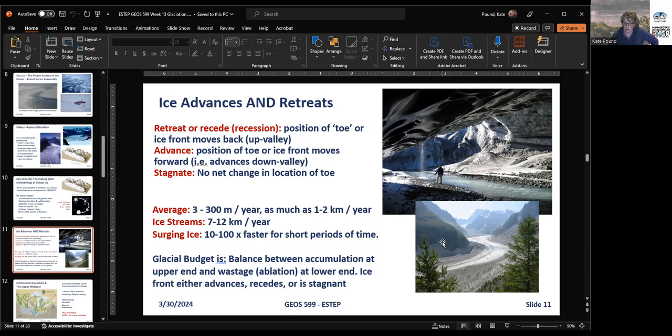This image is from New Zealand. And there's more debris on top of the ice on this side. And we can also see a medial moraine. And that tells us that we have at least two valley glaciers that joined to make this one.